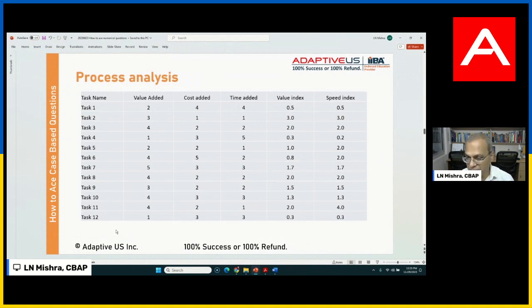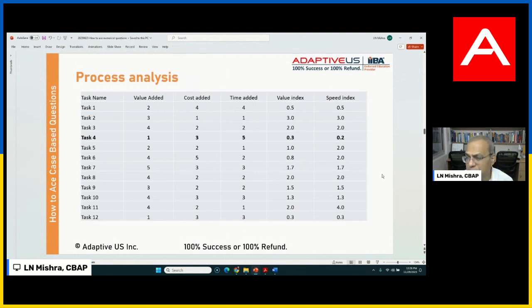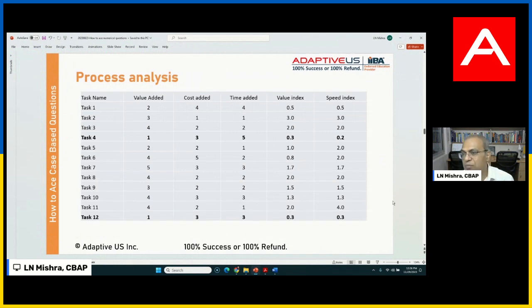If you look at this particular data, you can make out there are definitely tasks which are impeding our speed. Say, for example, if you take a look at task number 4, it seems to have a very low speed index. So if you are trying to improve the speed of the process, maybe focus on task 4 and task 12, because these two tasks seem to have a very low speed index.